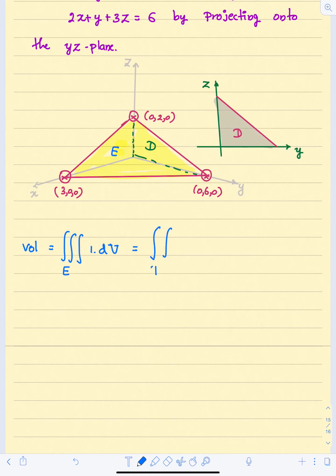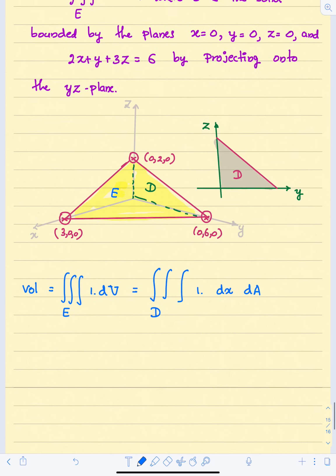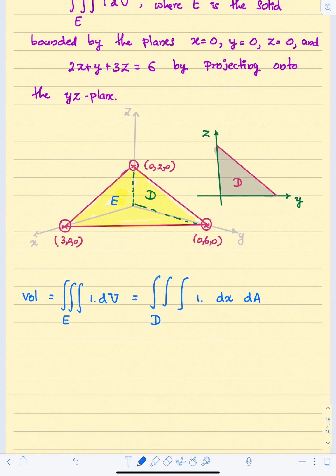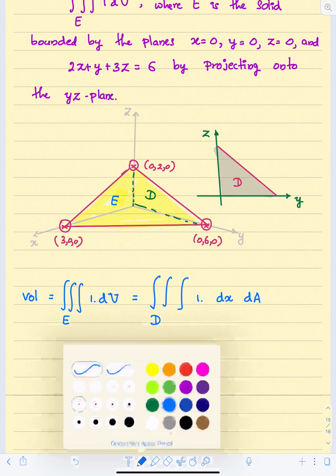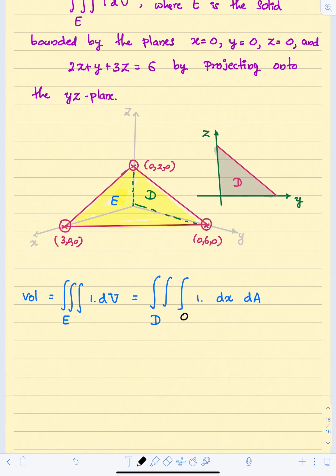Now first we have the double integral over the domain D, and then we have the inner integral that corresponds to the x variable, because we want to project this solid E onto the YZ plane. So my first variable of integration should be x. The lower limit of x is given by the YZ plane, which is 0.